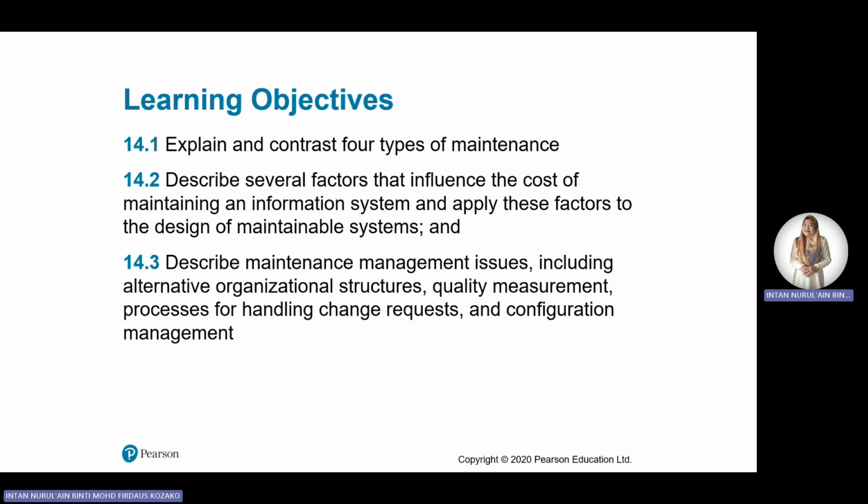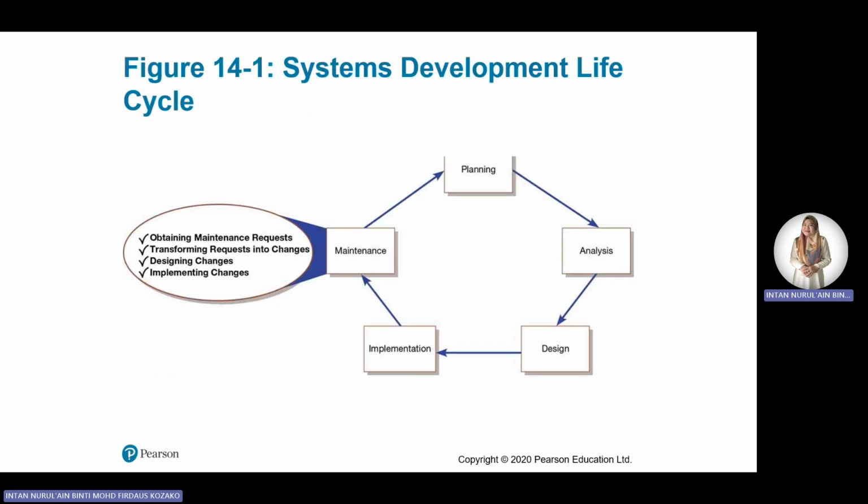and configuration management. So, for your information, system maintenance is the longest and most critical phase of the system development life cycle. If you can see here, maintenance is the last phase of SDLC, which is after implementation of the system. You need to make sure that you maintain the system that you have implemented.